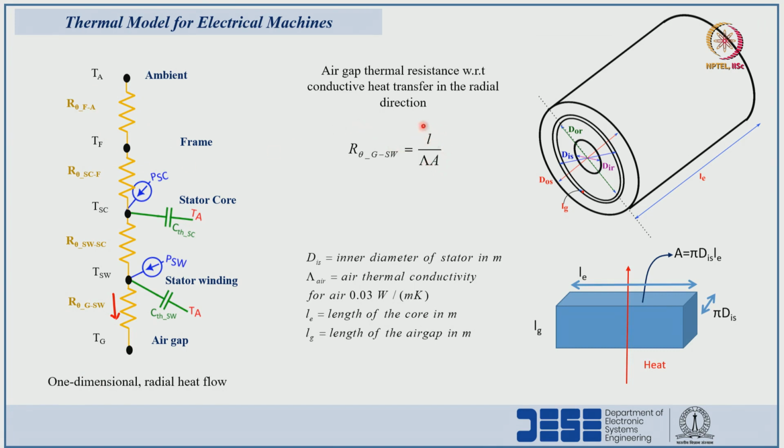Here L represents the thickness. We can see here I have represented the air gap as a rectangular cuboid, and heat is flowing in this direction, that is, in a radial manner.